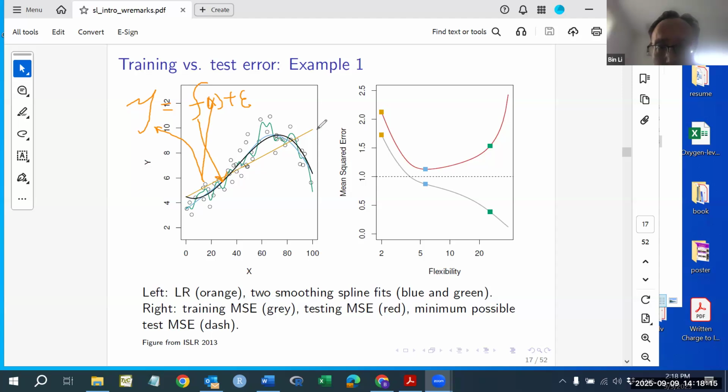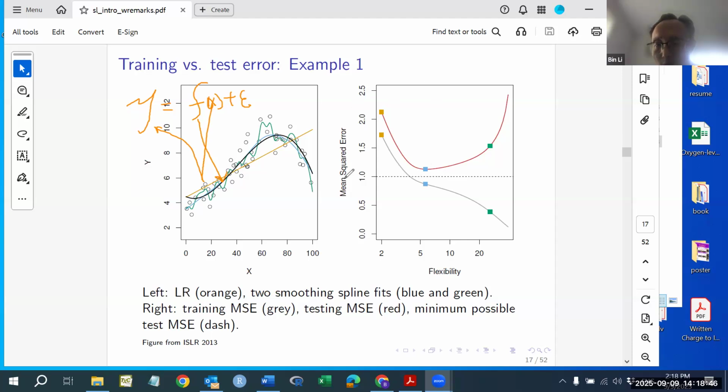That's the fitted linear model. And we have 2 nonlinear models. One is the green curve, one is the blue curve. The green curve is more flexible. You can see the green curve has more zigzags, but the blue curve is more smooth. So the blue curve is smoother, simpler compared to the green model.